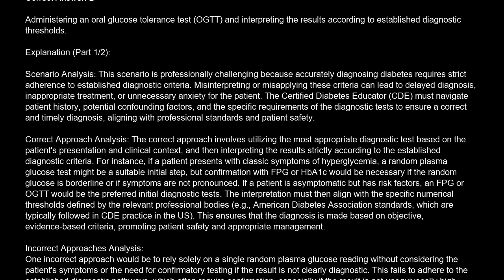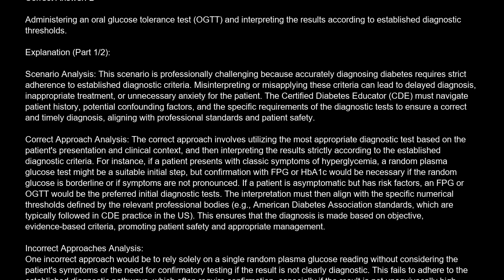Correct approach analysis. The correct approach involves utilizing the most appropriate diagnostic test based on the patient's presentation and clinical context, and then interpreting the results strictly according to the established diagnostic criteria. For instance, if a patient presents with classic symptoms of hyperglycemia, a random plasma glucose test might be a suitable initial step, but confirmation with FPG or HbA1c would be necessary if the random glucose is borderline or if symptoms are not pronounced.